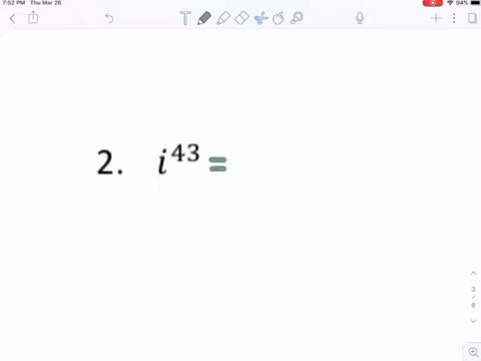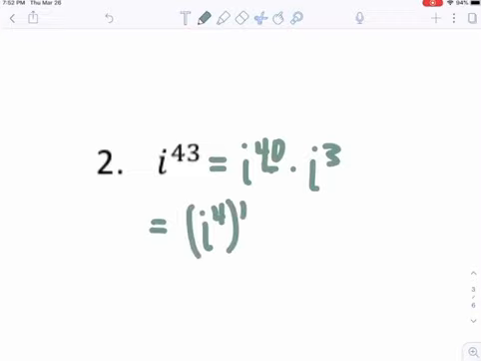So 42 is not divisible by 4, 41 isn't, but 40 is. So I'm going to put i to the 40th, but I still have 3 left, so this is i to the 3rd. Then I'm going to turn this into a power of 4. Divide 40 by 4, and this becomes i to the 4th to the 10th power, because 40 divided by 4 is 10, and I get i to the 3rd power.